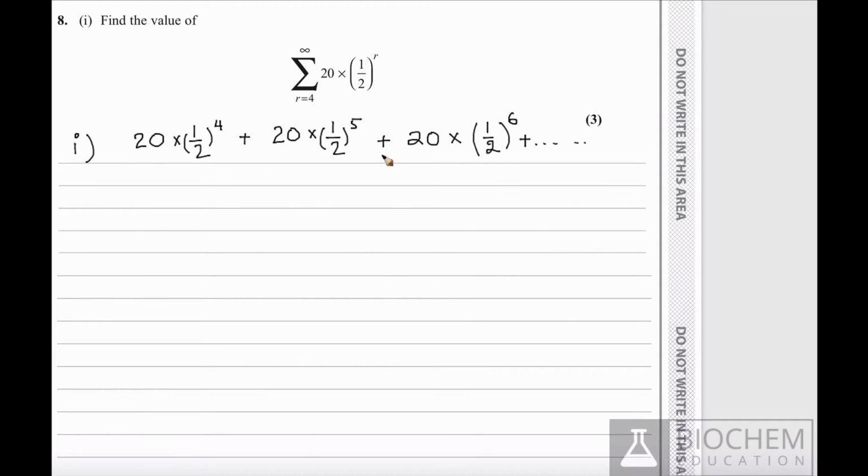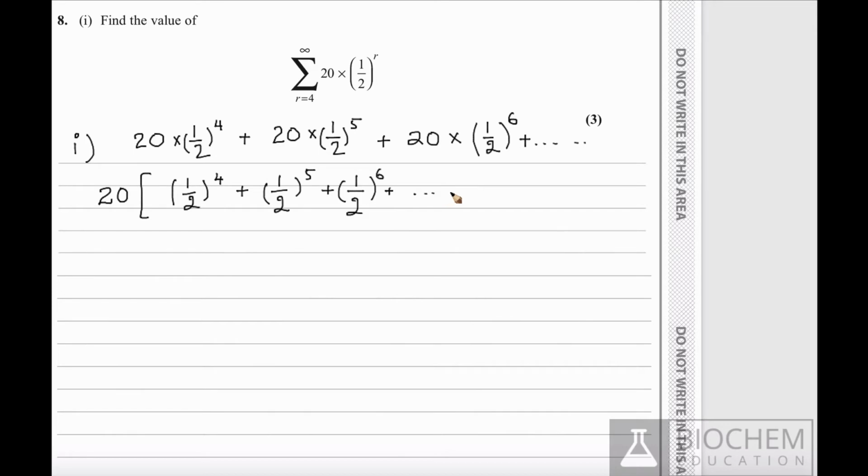We can factorize this by taking 20 on the outside, and we can write down all the other terms in square brackets. So half to the power of 4 plus half to the power of 5 plus half to the power of 6, and so on.